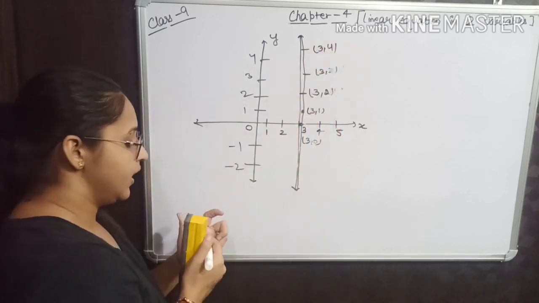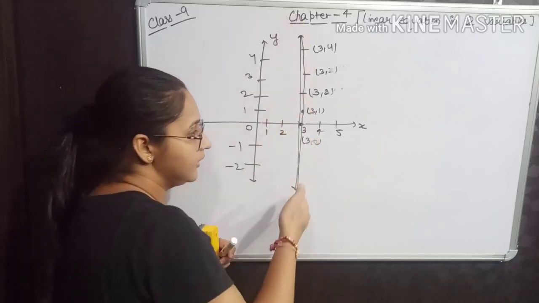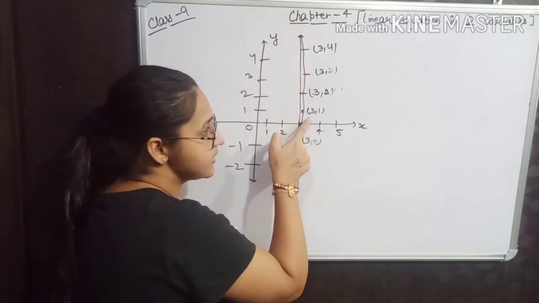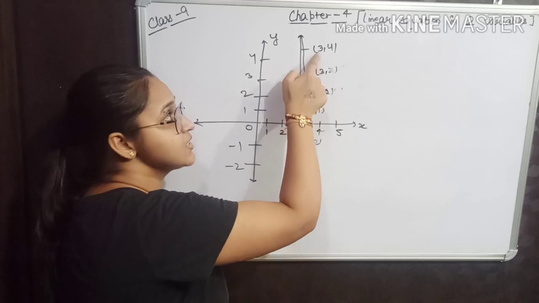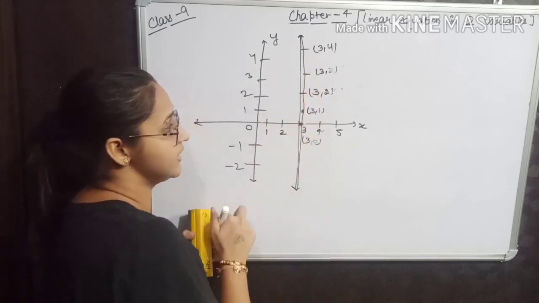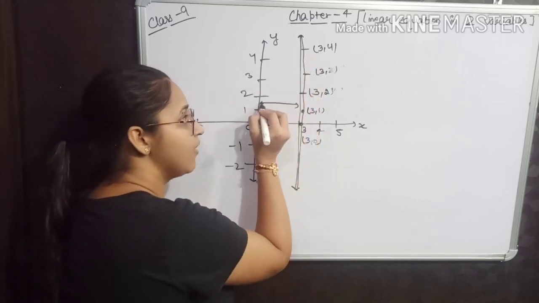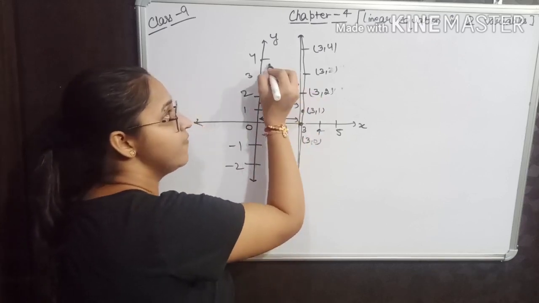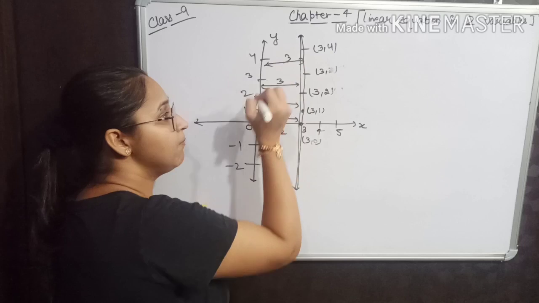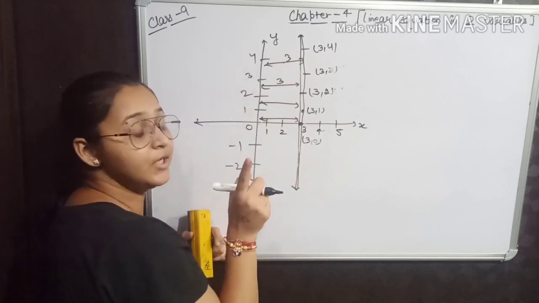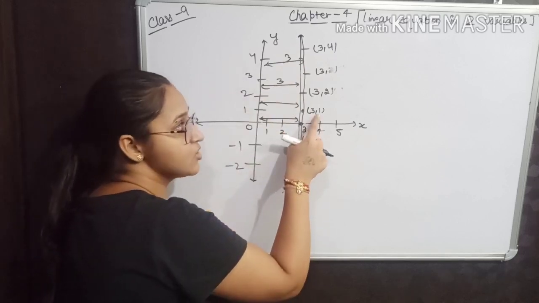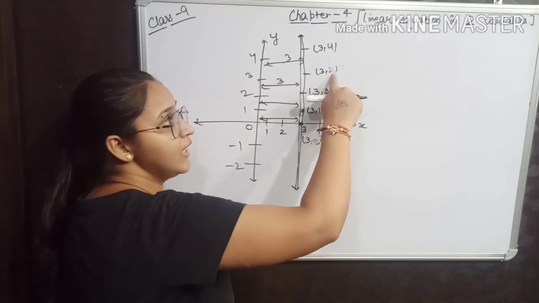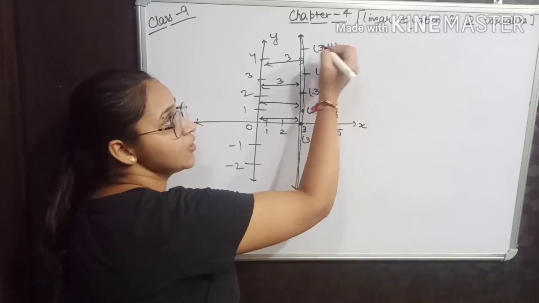Now see, in this line x is fixed. X is 3 only. The distance from the y-axis is 3. It is fixed, but the y component is changing: first it is 1, then 2, then 3, and then 4.